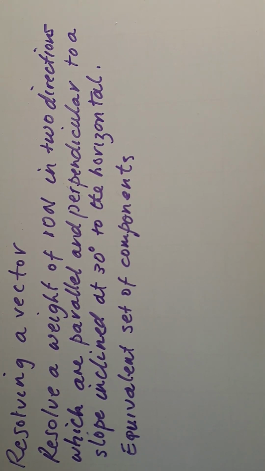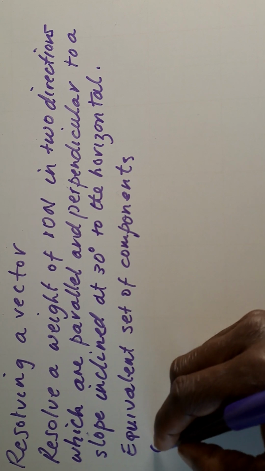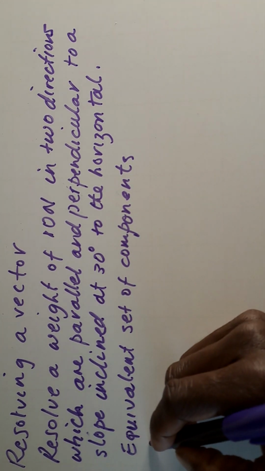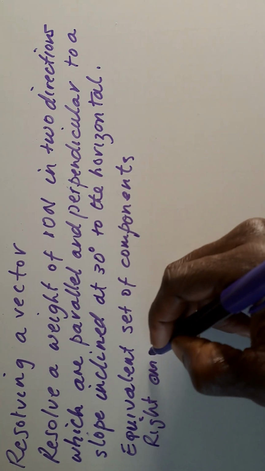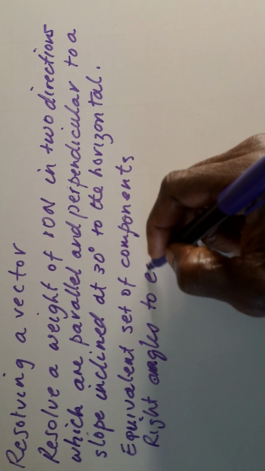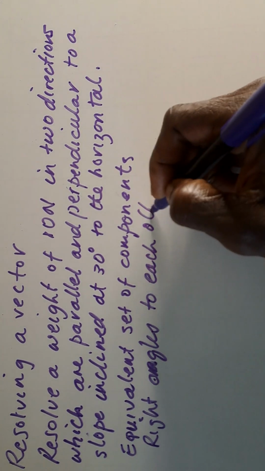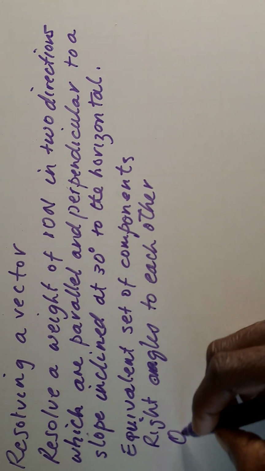We need to choose one of them to be at, or both of them to be at, right angles to each other. They should be chosen to be at right angles to each other, and only two.